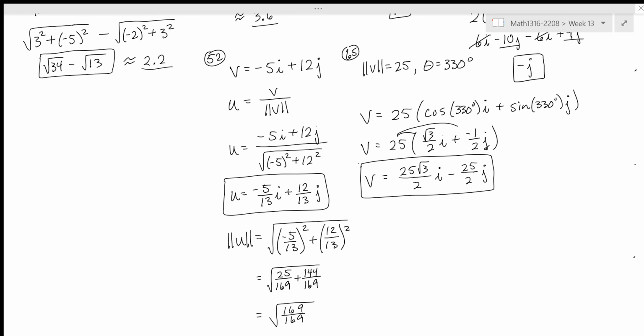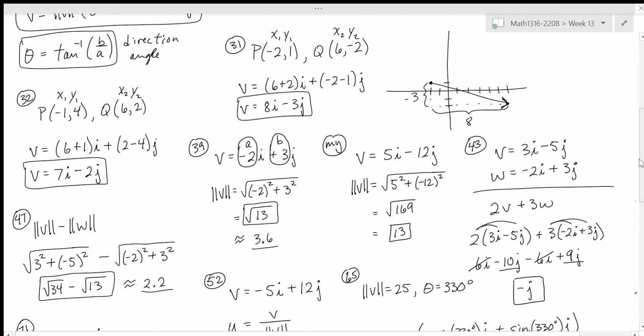Number 71. And we've got vector v is 4i minus 2j. It says find the direction angle. Did I give a formula for that?